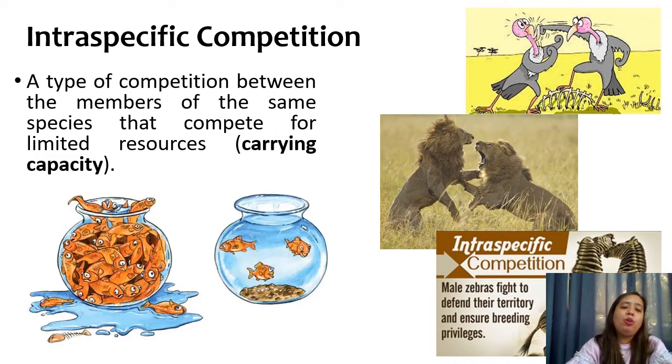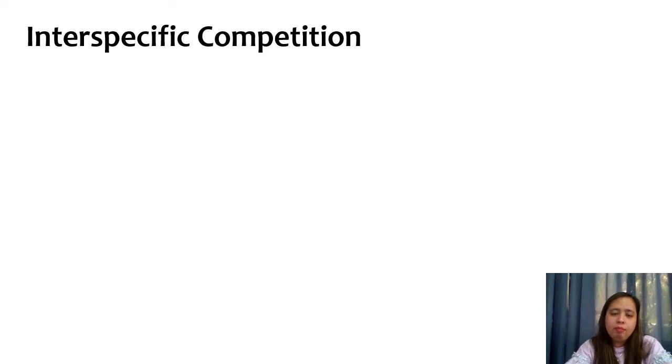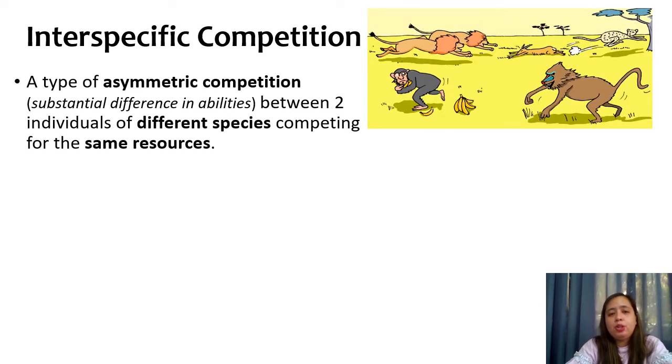That could cause death in the population because of limited resources, compared to this one where the bowl is okay, perfect for everyone. We have interspecific competition, which is an asymmetric competition. There's a substantial difference in the abilities. We call it asymmetric competition because this happens between two different species.